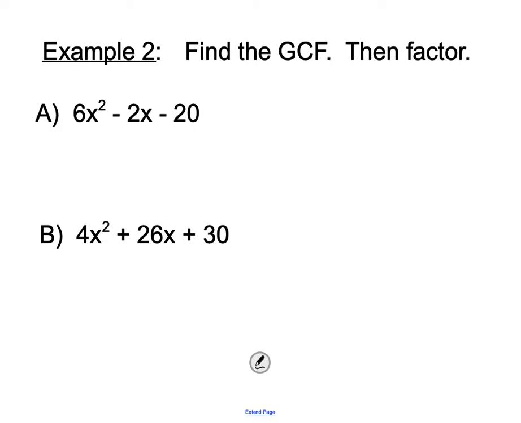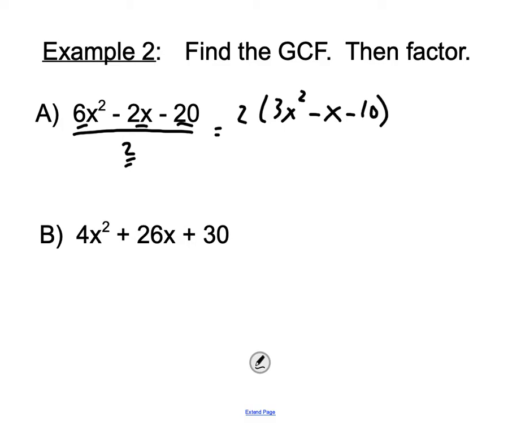So when I'm looking at one like this, 6x, 2x, and 20, what do they all have in common? You can divide this whole thing here by 2. So if I take a 2 out of here, I'm left with 3x squared. Divide each of these terms: 6x divided by 2 gives me a 3x. 2x divided by 2 gives me a minus x. 20 divided by 2 gives me a minus 10.